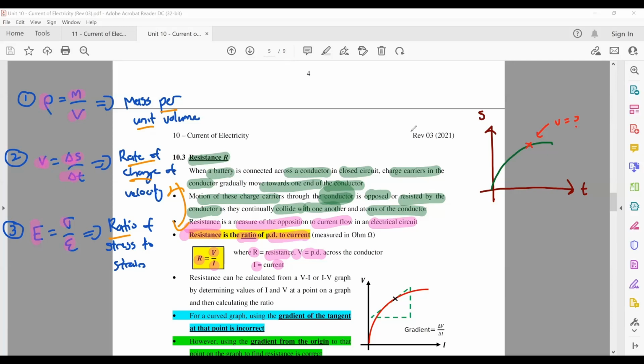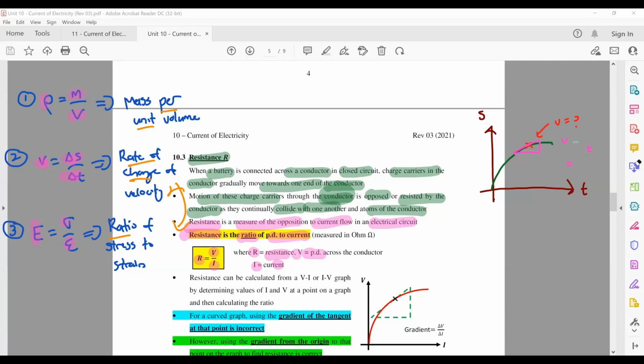What you would say is that, to find the velocity at this point, you will get the gradient of the tangent, right? So velocity here, because it's defined as rate of change of displacement, is the gradient of the tangent of your displacement time graph.